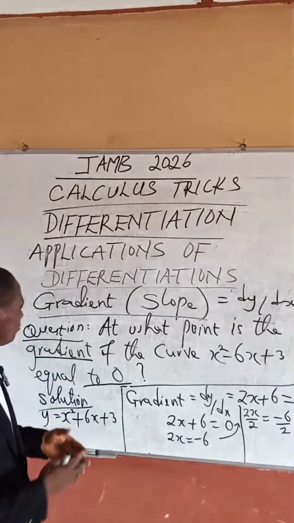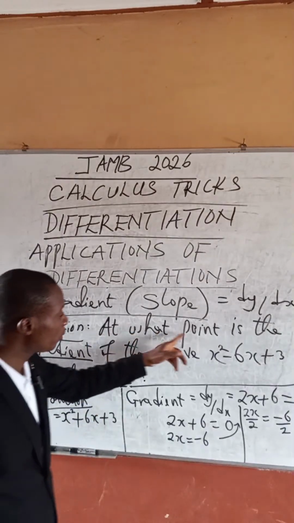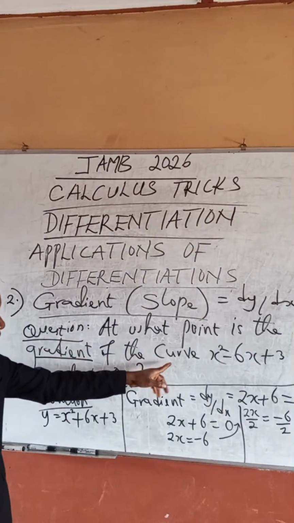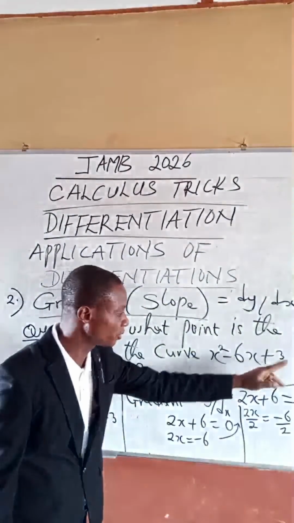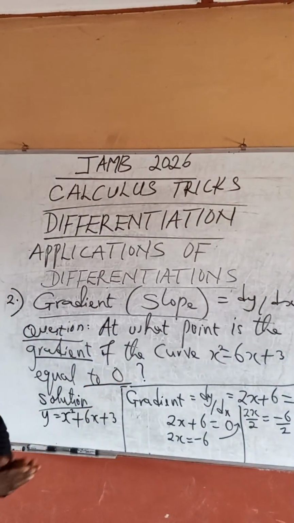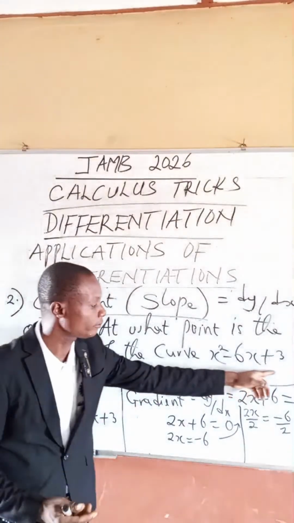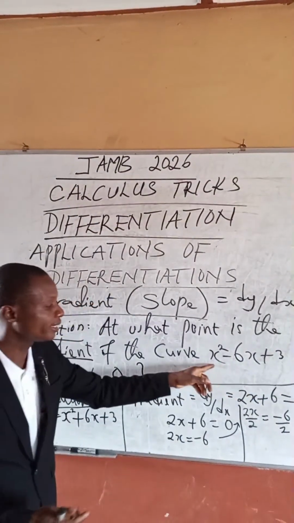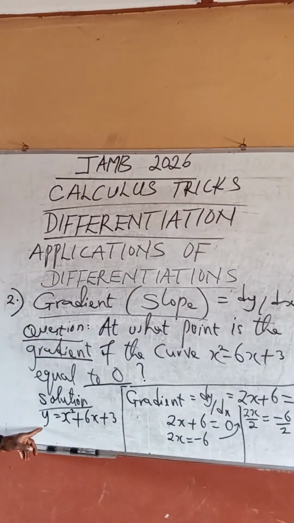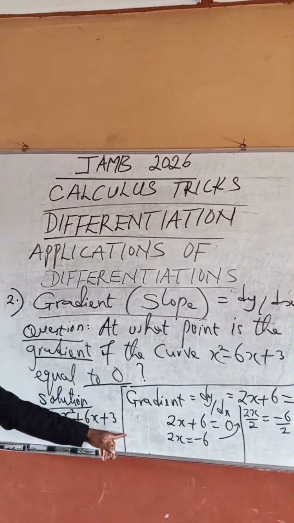At what point is the gradient of the curve x squared minus 6x plus 3 equal to 0? Gradient is dy dx, but we are given y. So y is equal to x squared plus 6x plus 3.